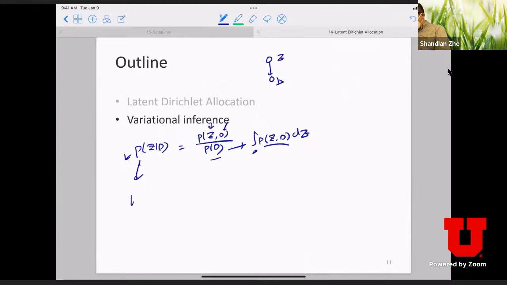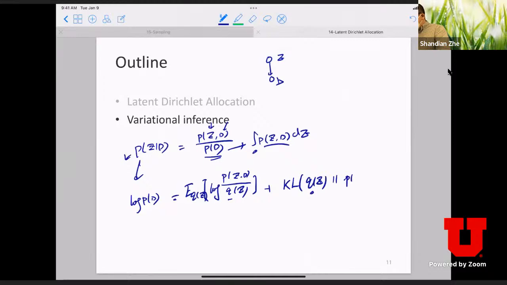The variational view comes from the observation that the log marginal probability, sometimes called the log evidence, can be written as the expectation, under any valid distribution Q of Z, of the log ratio between the joint distribution p(X, Z) and your introduced Q of Z, plus the KL divergence between your introduced distribution Q of Z and the true posterior distribution.